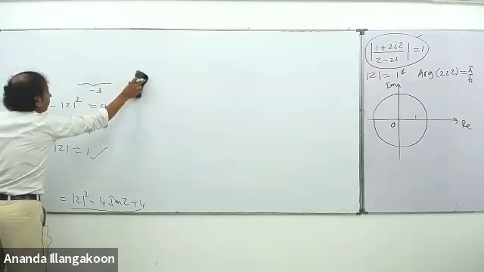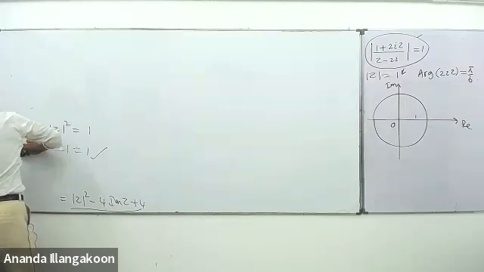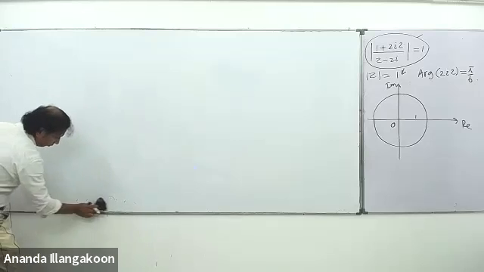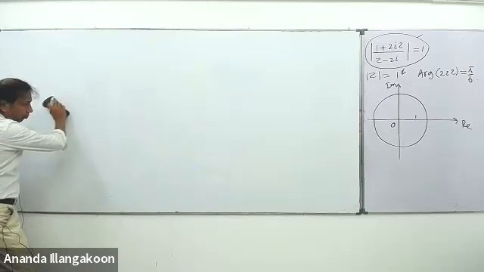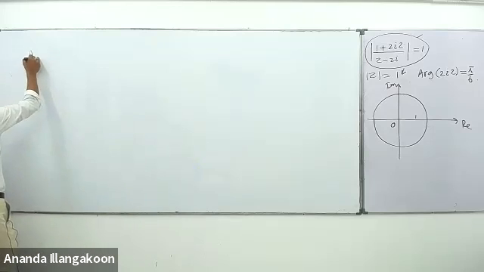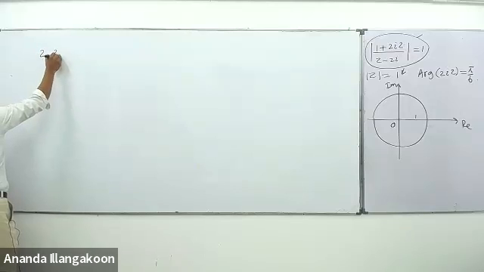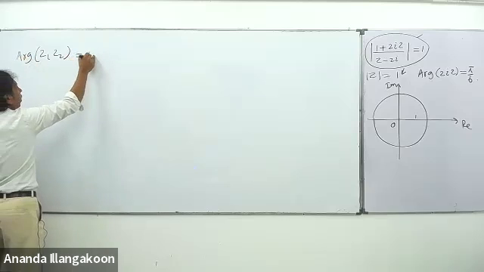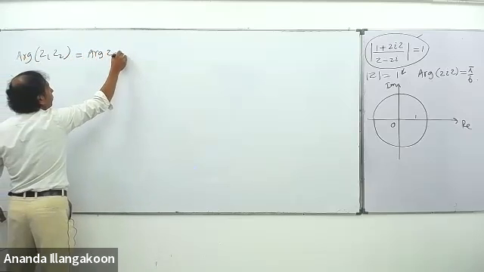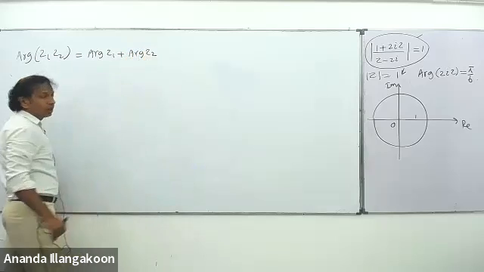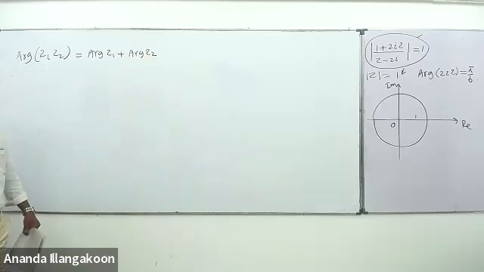People can remember we proved, in the polar form of the complex numbers, when we multiply two complex numbers z1, z2 and take their argument, the arguments will be added, no? This we learned, no?